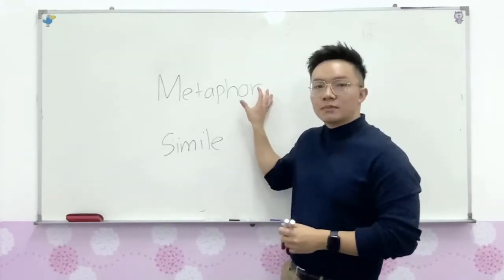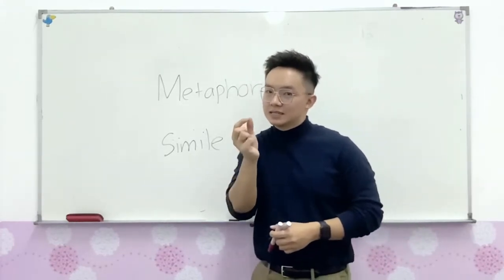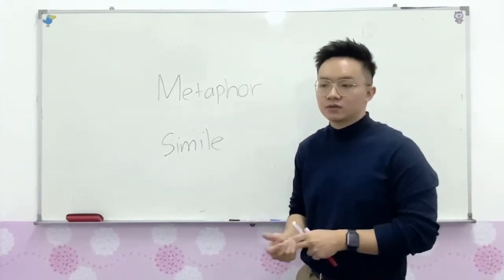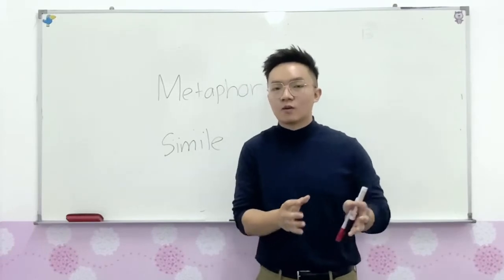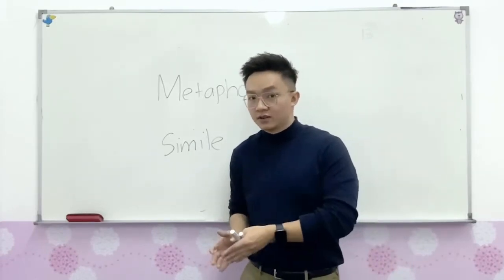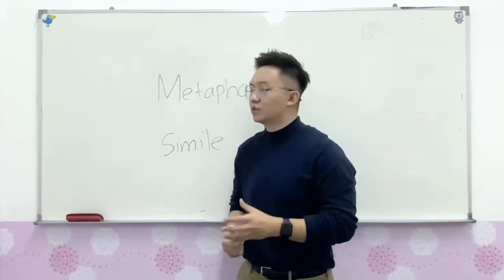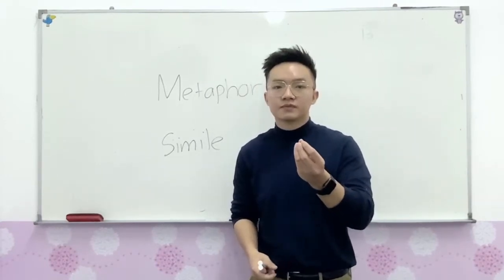And when it comes to metaphor, it will be a bit different. Basically, what is metaphor? You try to compare one thing with another. That's called metaphor. So it really looks like simile, but they don't use the same words.